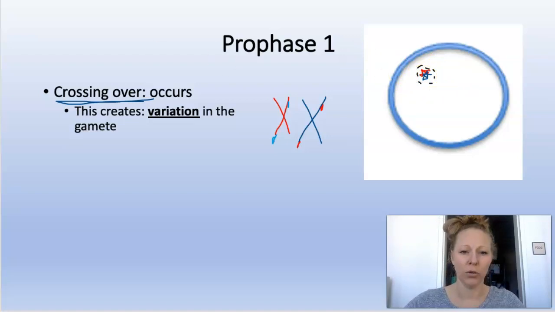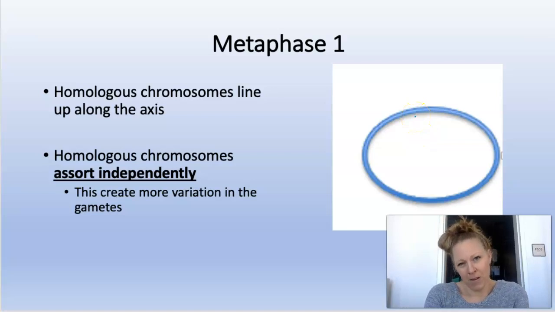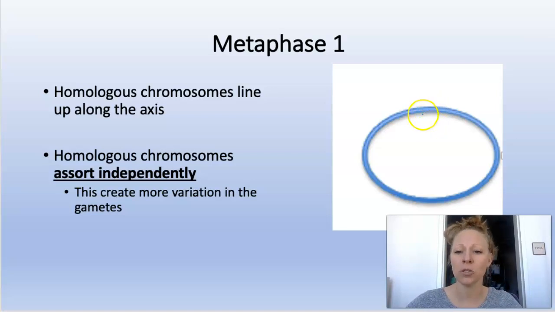When we get to metaphase 1, what's different about metaphase 1 in meiosis as compared to metaphase in mitosis is that during mitosis the chromosomes line up, you have 46 chromosomes that line up all down one straight row like that.